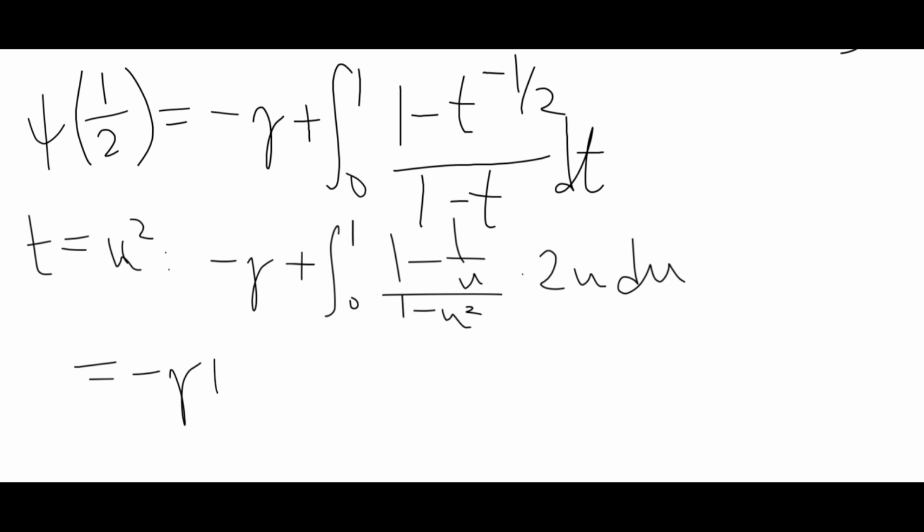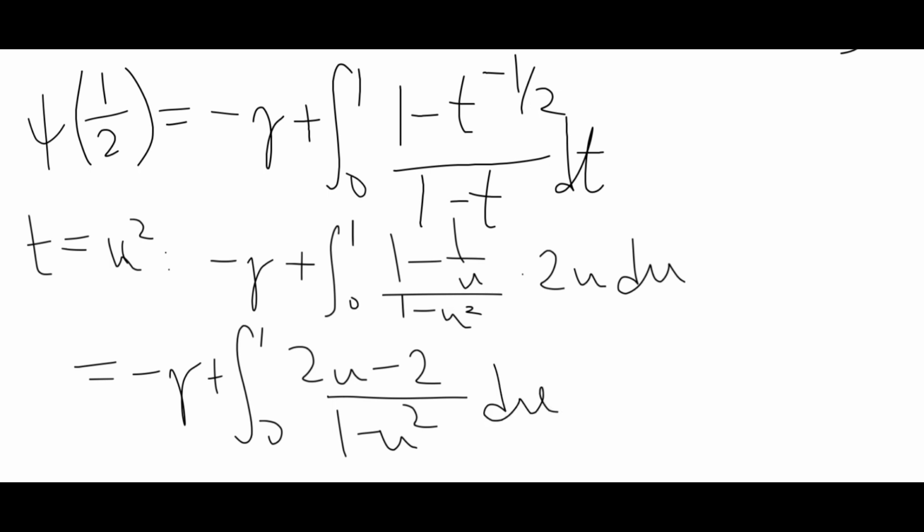And this is pretty easy to evaluate because it becomes 2u minus 2 over 1 minus u squared. And I can factor out a u minus 1. So I get negative gamma plus twice the integral of, okay, u minus 1 over 1 minus u squared.